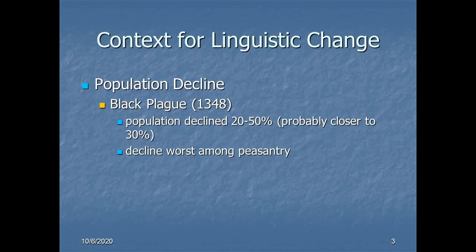But the nobles had other problems too. And there were things happening among the nobility that also are very important linguistically speaking. But I haven't talked that much yet about why the plague matters from a linguistic point of view. And that is, again, as with the famine, it moved populations. People would, if they could, leave devastated areas.